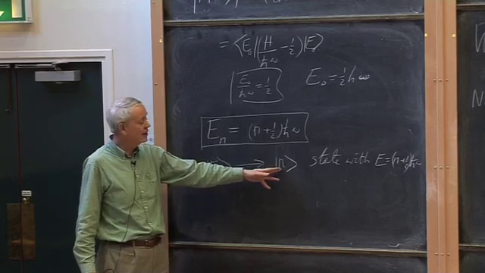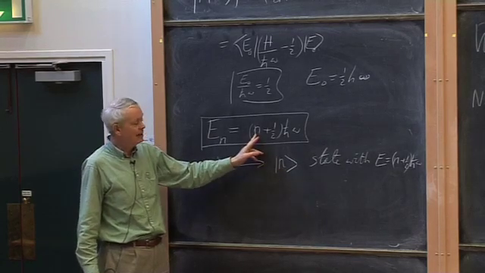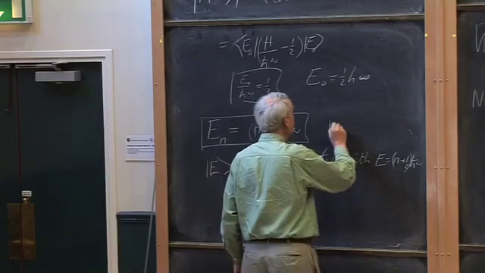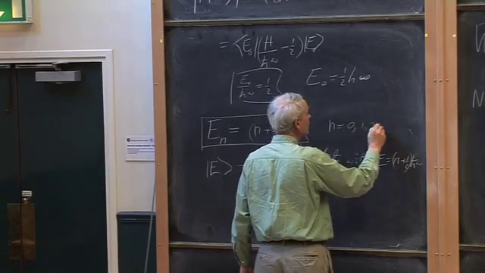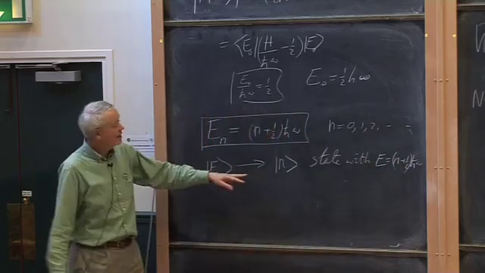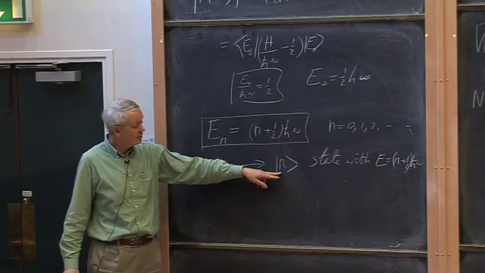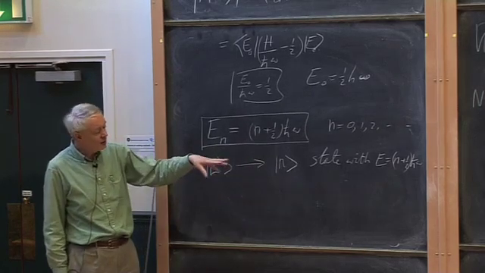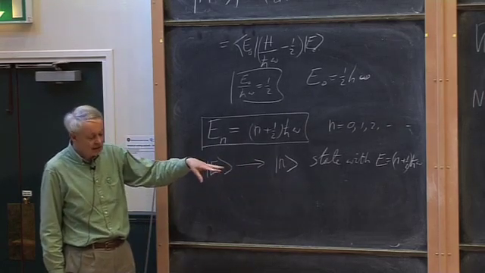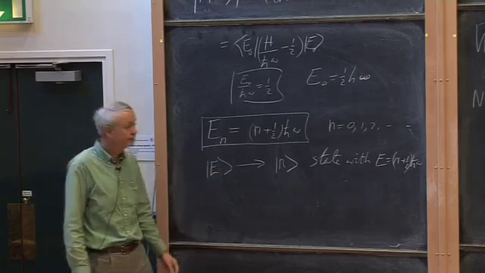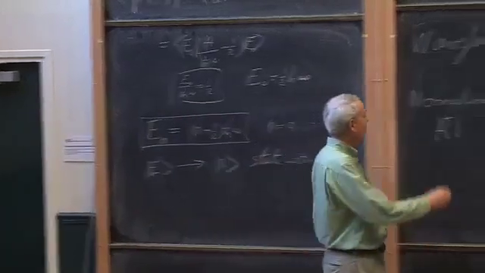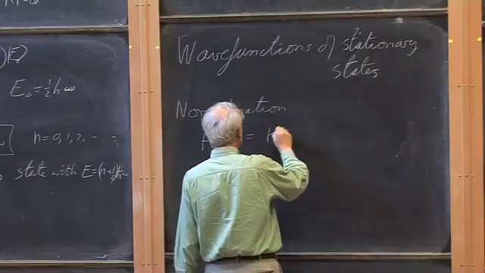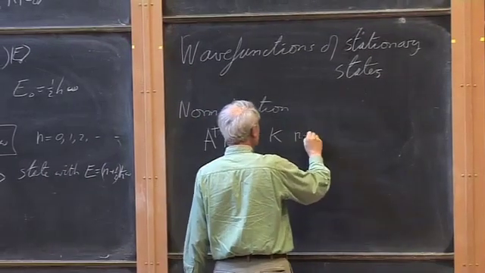Now we've discovered what the energies are and that they're labeled by an integer N. So this is N equals 0, 1, 2, and so on. It makes sense to have a nice compact notation and to call our stationary states the state 0, the ground state, the state 1, the first excited state, the state 2, the second excited state. And what we've established is that A dagger on N is some constant, I'll call it K, times N plus 1.